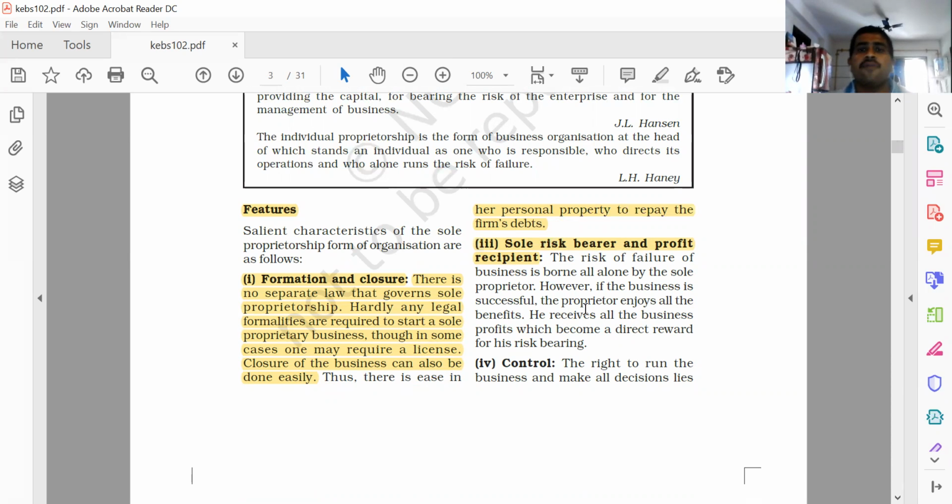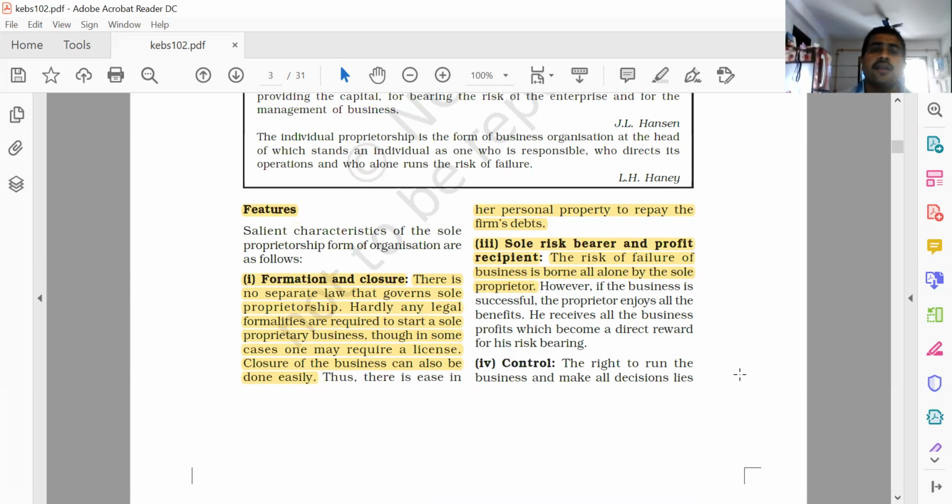The risk of failure of the business is borne all alone by the sole proprietor. The risk of failure of the business is borne alone by the sole proprietor.